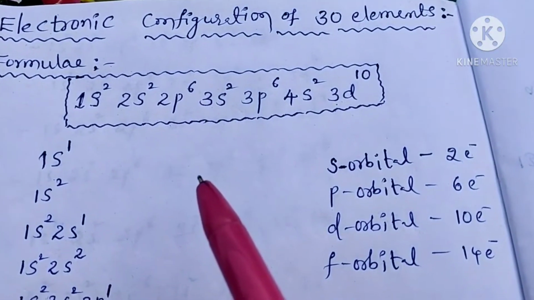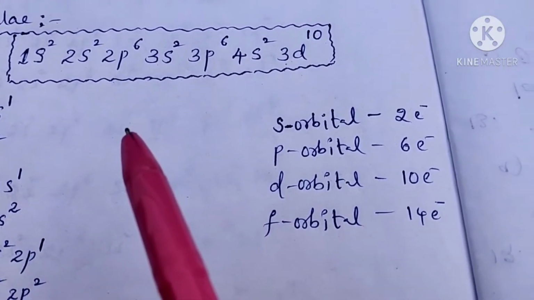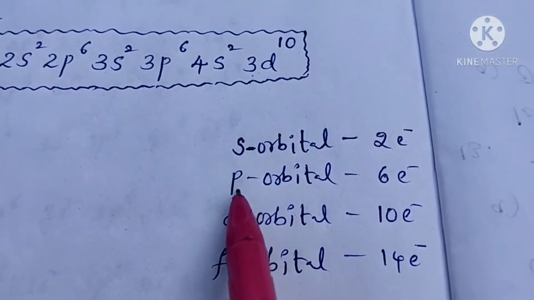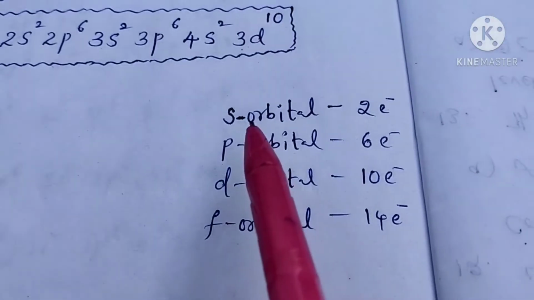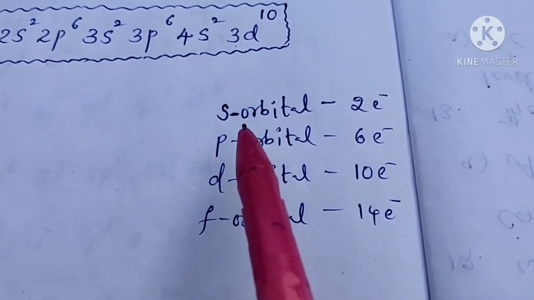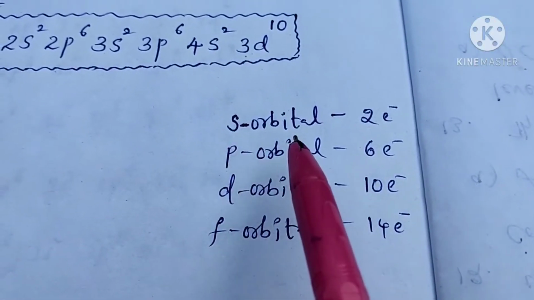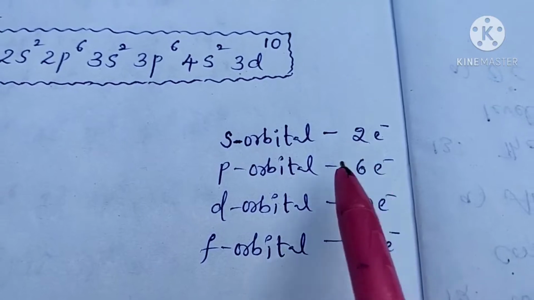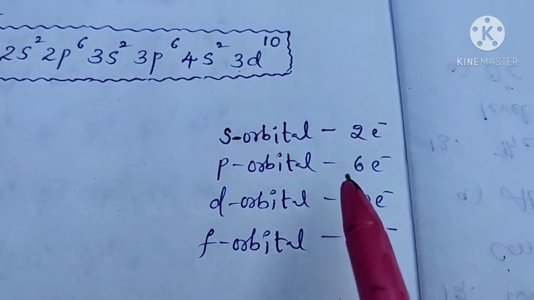So now let me introduce the subshells given here. They are S, P, D, and F, also called orbitals. And we know that S orbital can accommodate a maximum of 2 electrons. P orbital can accommodate a maximum of 6 electrons.